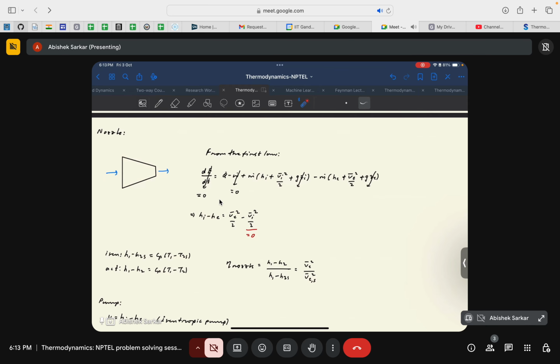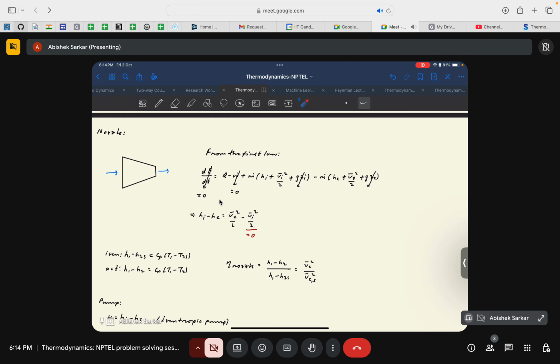So again, we write dE/dt equals Q dot minus W dot plus m dot times (hi plus vi squared by 2 plus g zi) minus m dot times (he plus ve squared by 2 plus g ze). Now you see, I have not written m dot as mi and me, because if we consider a steady flow process, and of course this nozzle has to be of single input and single output, then we get that mi dot is equal to me dot, equal to m dot. Okay, so use the same argument here.